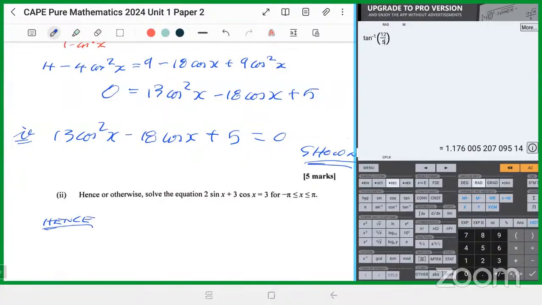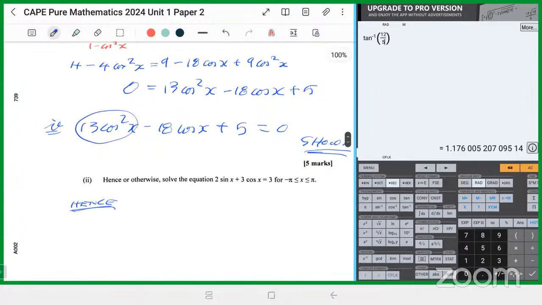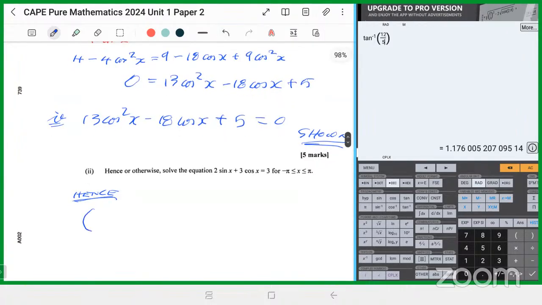And the hence method is now that we're solving this. How can that be factorized? Yes, because 13 and 5 give me 18, and 13 and 5 are prime numbers. So the only factors of 13 are 13 and 1, and the only factors of 5 are 5 and 1. So let's go. Factorizing that expression, I'm going to get 13 cos x, cos x, I need a 5 here and 1 there.